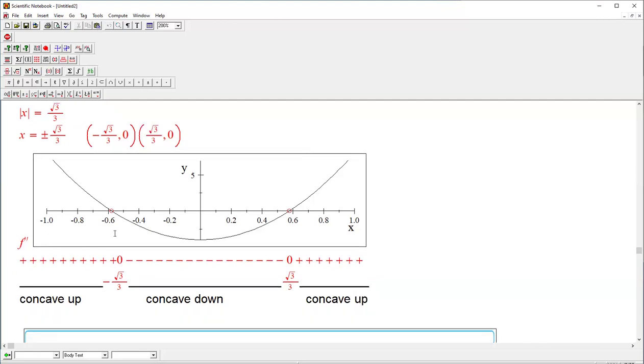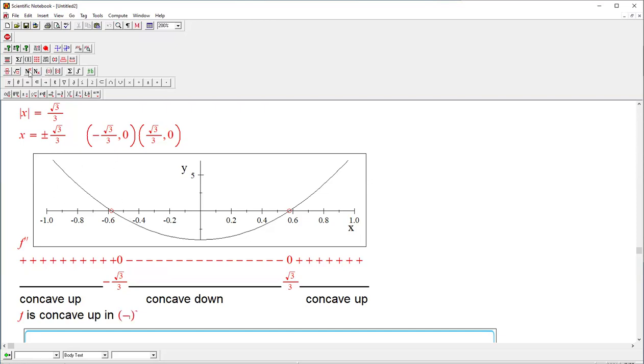But we do expect you to say F is concave up in these 2 intervals, okay?